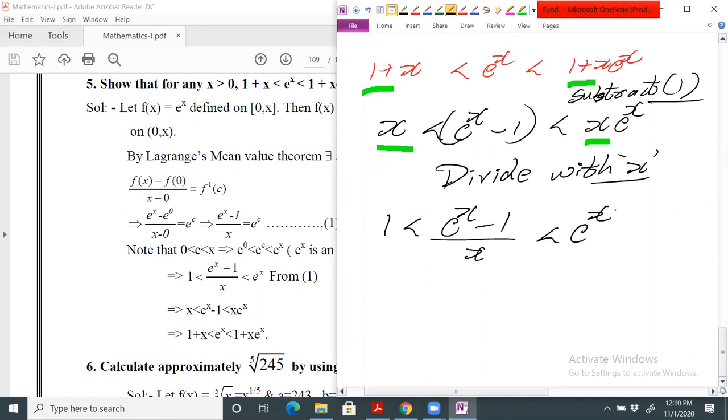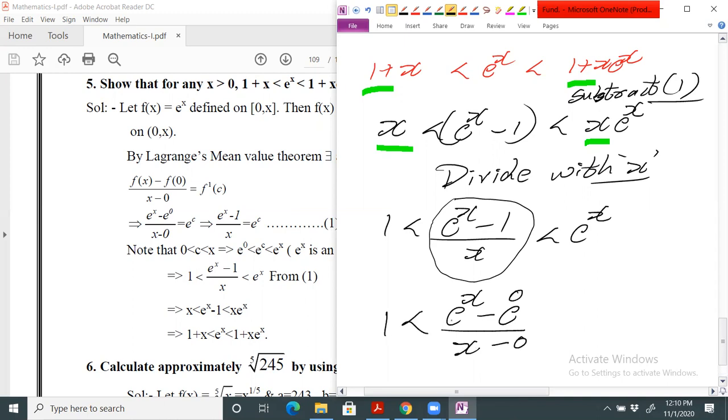So we have to get this in the form f of b minus f of a by b minus a. How can we get it? That is important. e power x we write as it is; minus 1 can be written as e power 0, and the denominator x can be written as x minus 0, so no change. So 1 is less than (e power x minus e power 0) by (x minus 0) is less than e power x.